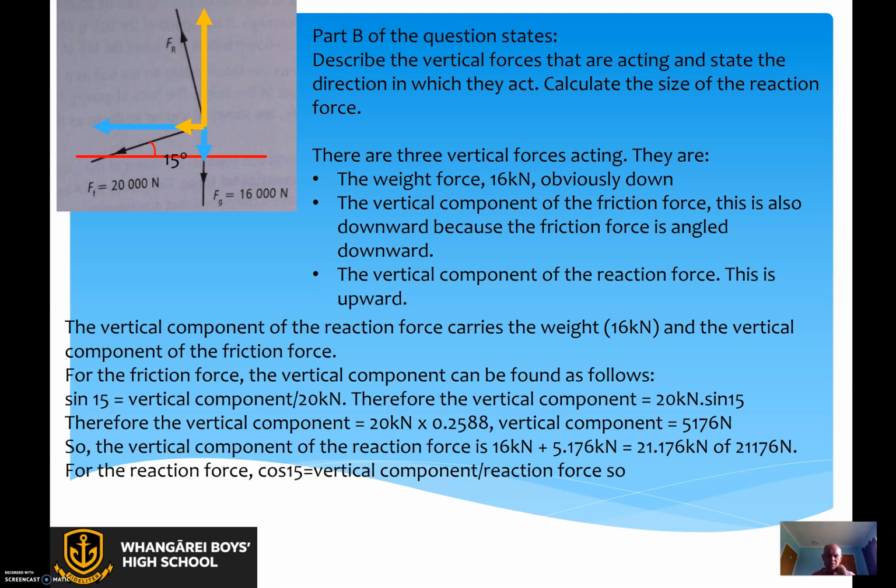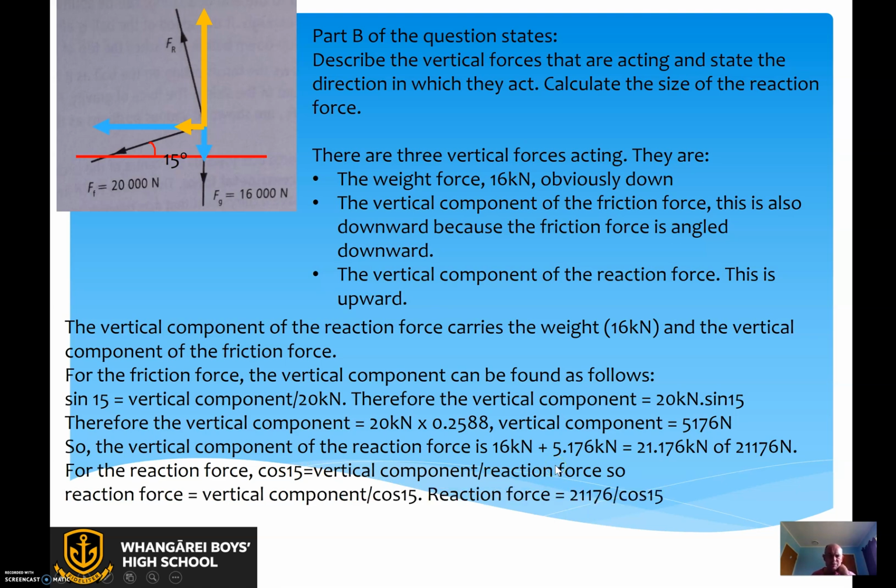Now, we're not finished yet because that's the vertical component. We have to find the reaction force itself. Now, looking up here, if that's 15 in there, then that angle there is also 15. And for this angle here, the adjacent is the vertical component, and the hypotenuse is the reaction force. So cos, adjacent, vertical component over reaction force, hypotenuse. So we can now rearrange that.